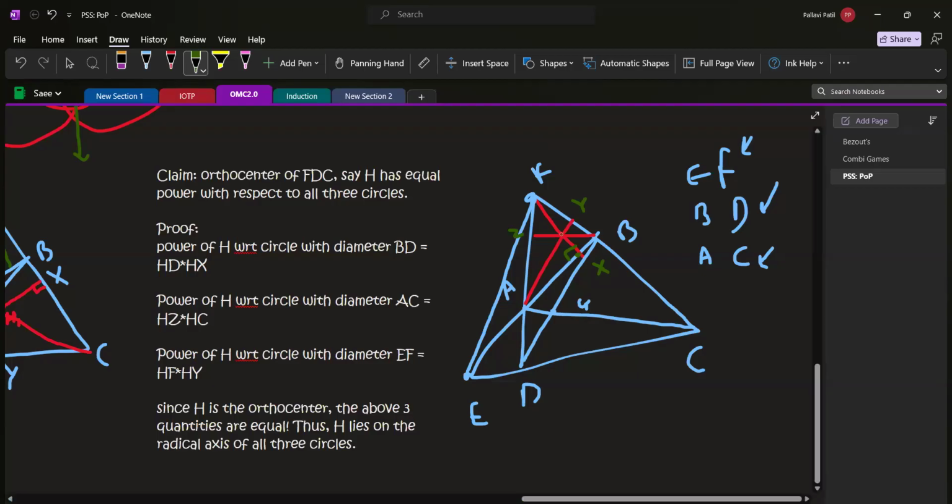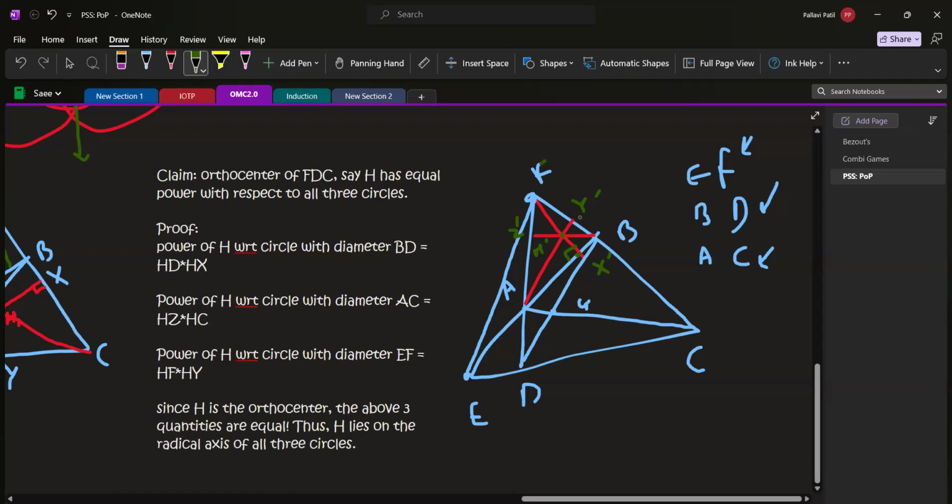So the power of this point, let's call it H prime, with respect to the circle with diameter EF is going to be H prime F into H prime X prime.